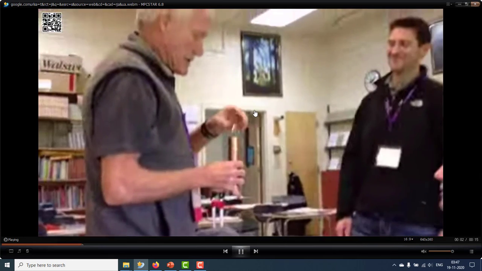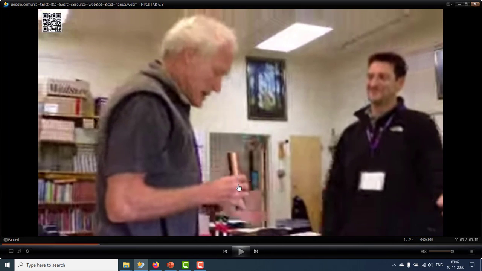Why is this happening? Because as the magnet is falling through this copper tube, a magnetic flux is generated inside the copper tube, and that magnetic flux opposes the motion of the falling magnet.